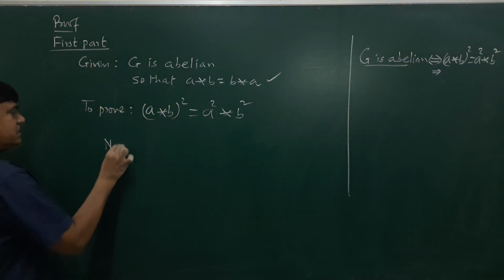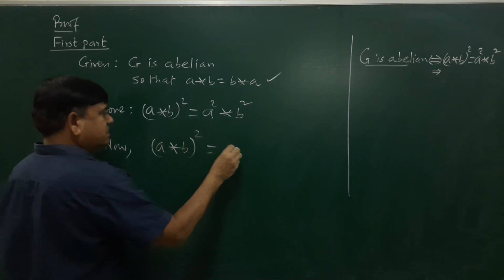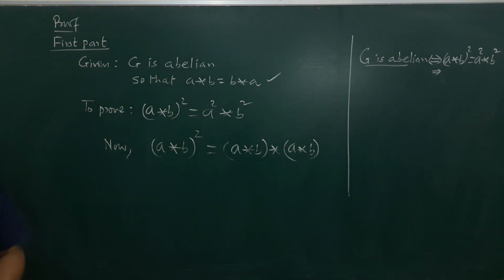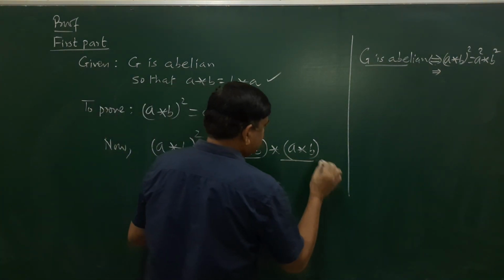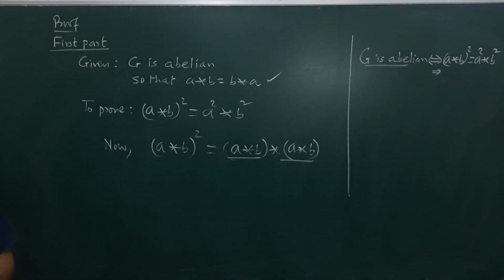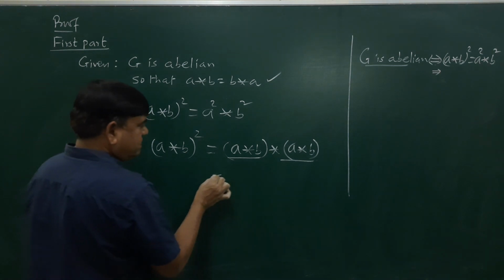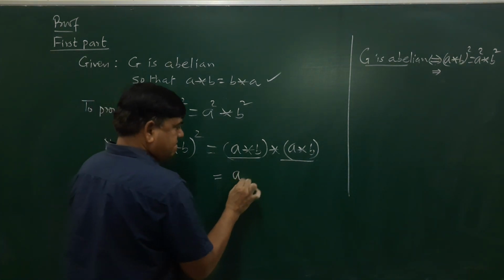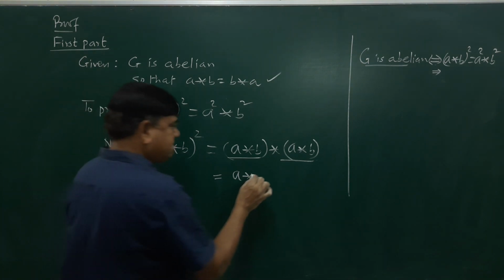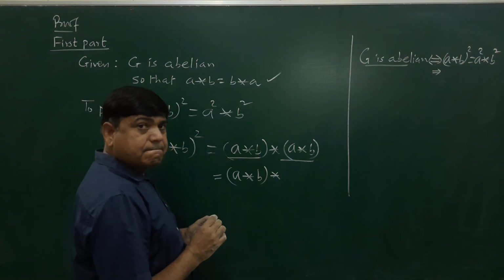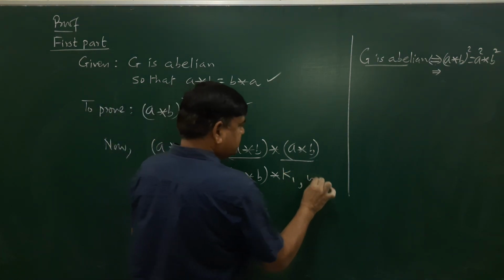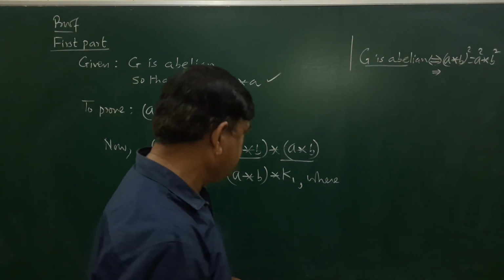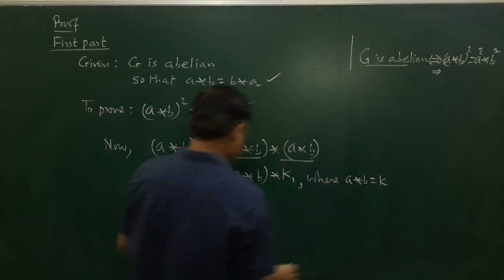Now I consider this. What is the meaning of this? (a star b) square means (a star b) star (a star b). Suppose it is k1 where k1 is a star b.